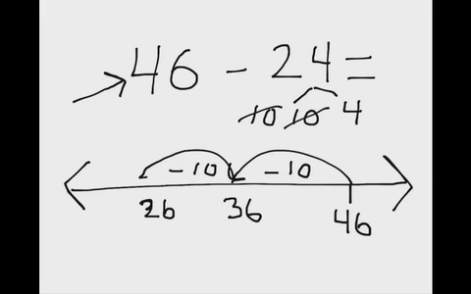And then we only have 4 more to take away. So 26 take away 4, 22. So that's one open number line that you can do using 2-digit subtraction. This would normally not be one that we would borrow on if we were teaching borrowing.